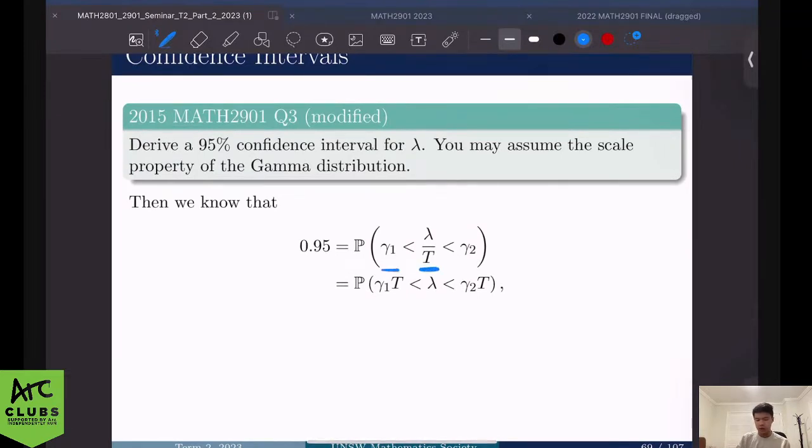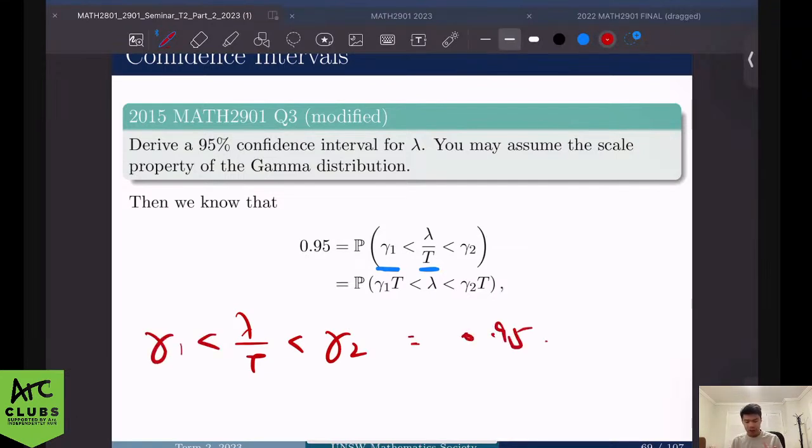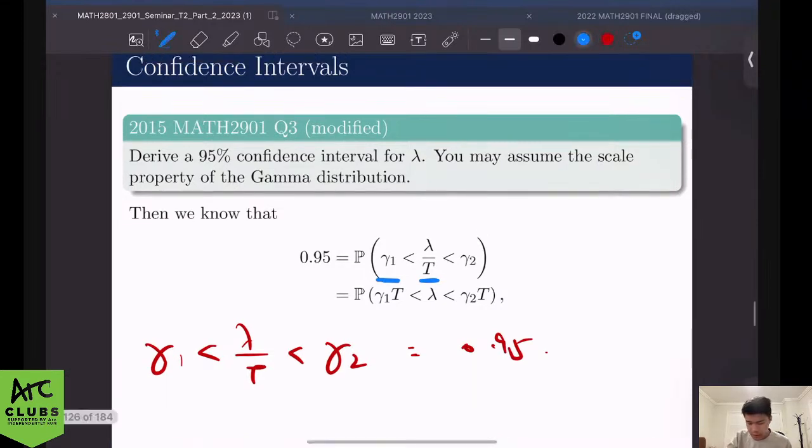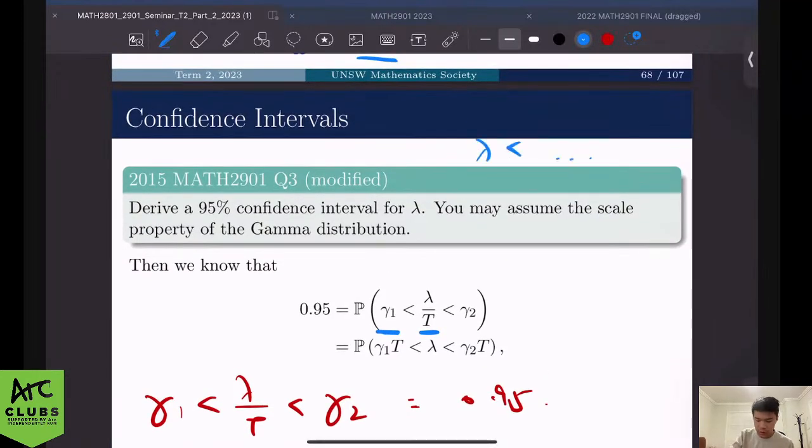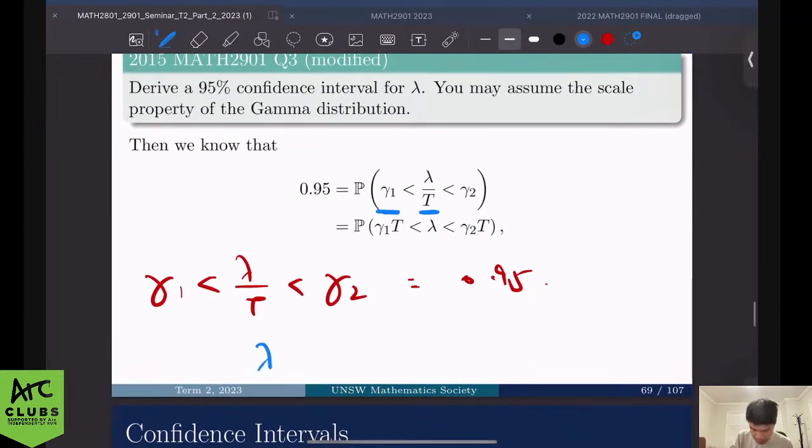So the probability of lambda on T lying between gamma 2 and gamma 1 is going to be 0.95. Okay, and then what you do is you just basically make lambda the subject, right? So remember, what we're after is lambda lies between two things with a probability. So just multiply through by T, and you've got your answer.